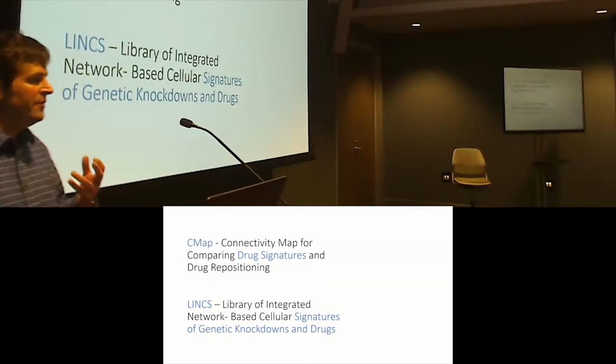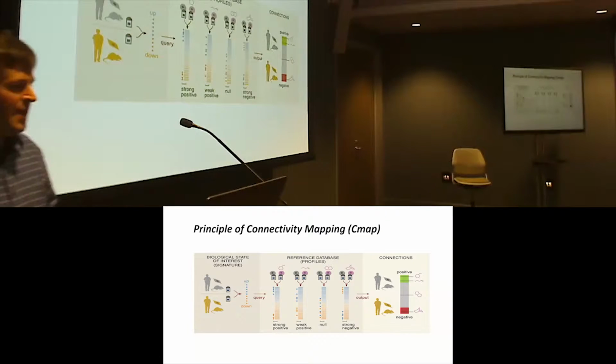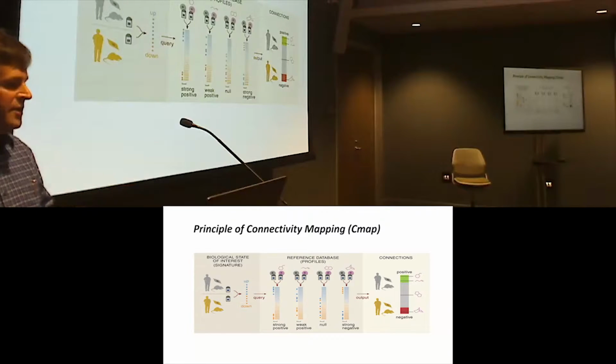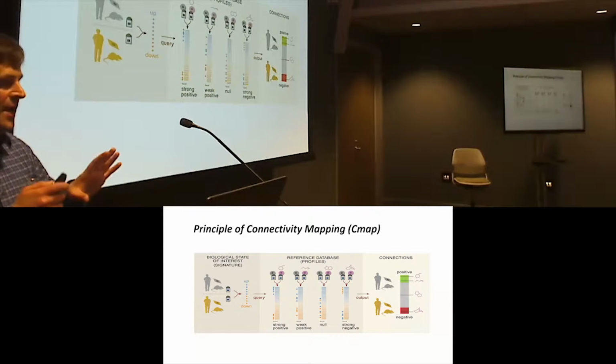And it's also built upon the LINCS database, and Yarc just went in detail about that. Those are two of the principal concepts of the application. And you've seen this slide already, but as a refresher, we're looking at a set of signatures and how they correspond and how their correlations are, whether they're up or down or positive or negative.